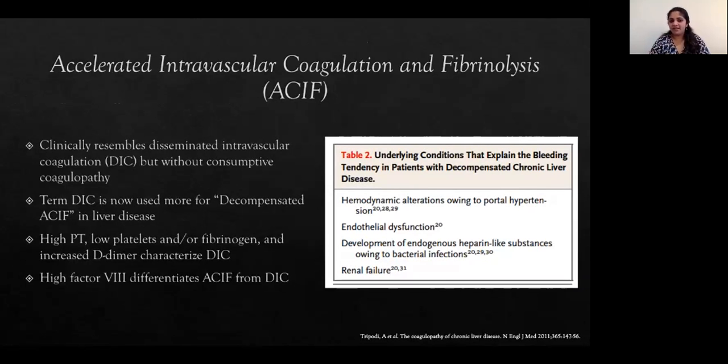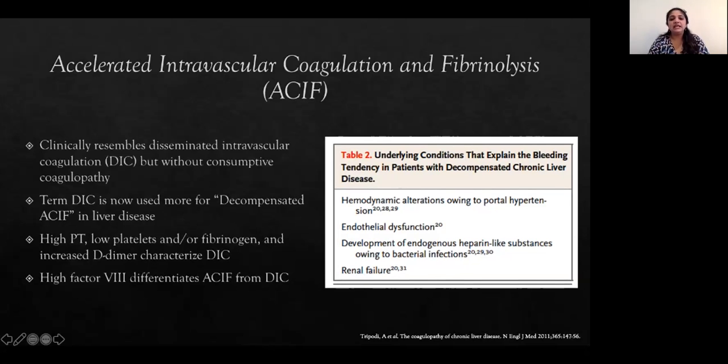We have always talked about disseminated intravascular coagulation in liver disease. A new term is coming into play right now, and in compensated liver disease, or where it's not decompensating really fast, we use the term accelerated intravascular coagulation and fibrinolysis.